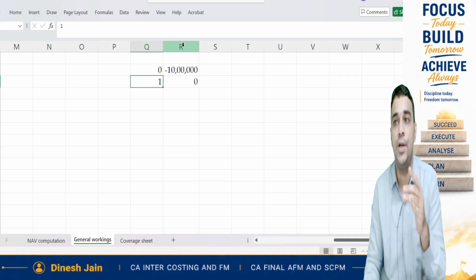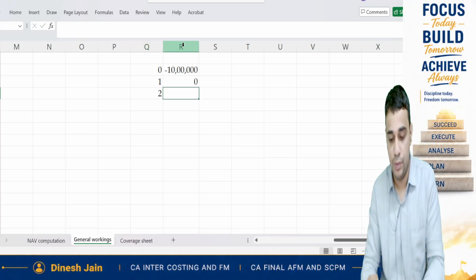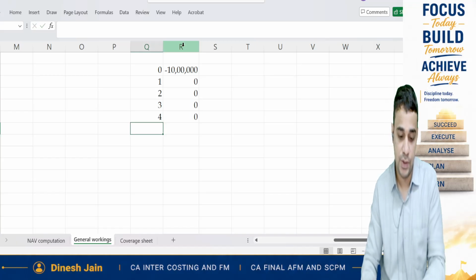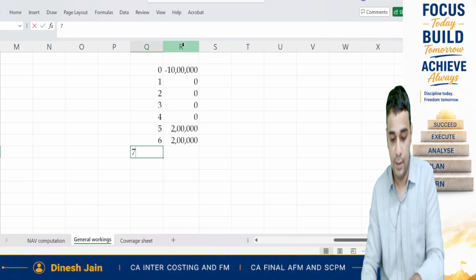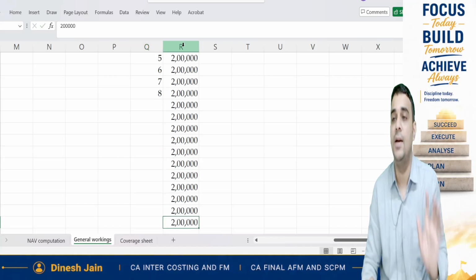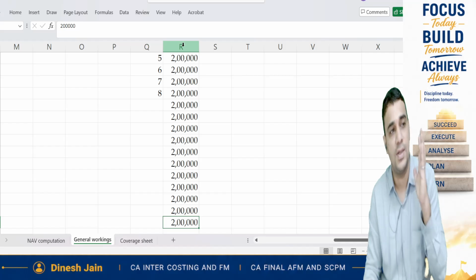If you don't write a zero, Excel will remove that in the calculation and give a wrong number. Year two, zero, year three, zero, year four, zero, year five onwards, I get back 2 lakh, for some 20 years, and they want to know what the IRR is.